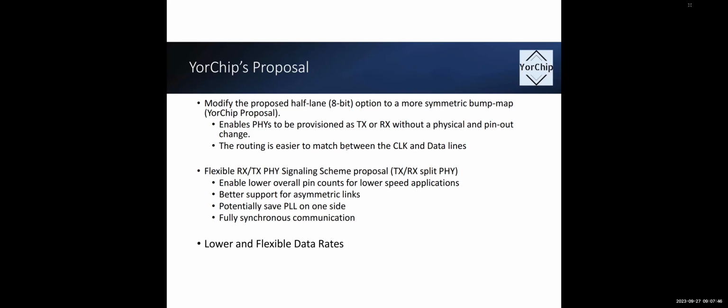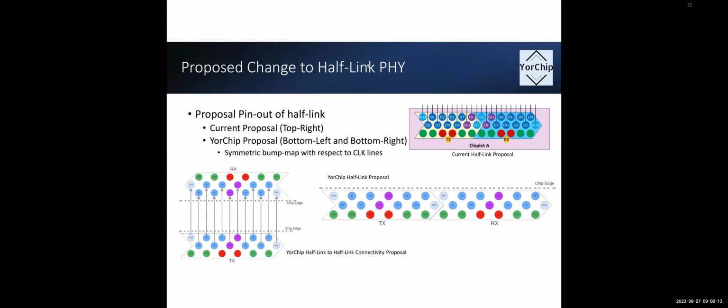We can potentially save a PLL on one side, and naturally within this protocol, we have a synchronous communication, meaning both sides will be synced to a single clock. That has its benefits, and at least for the IoT side might have drawbacks for a lot of other systems, but this is the way we're proposing it. And then with lower clock speed, you can have lower and flexible data rates.